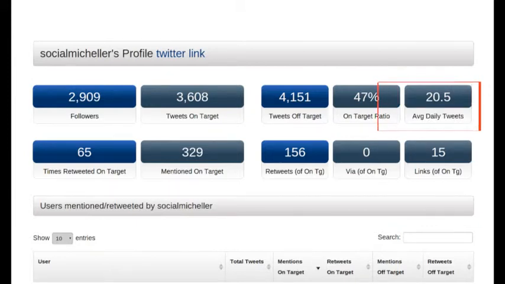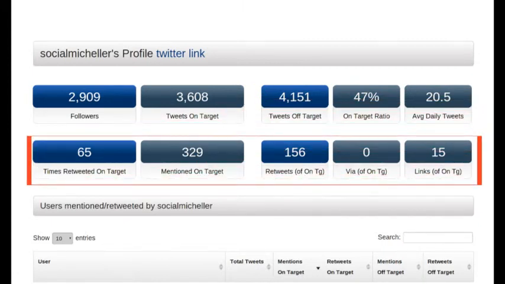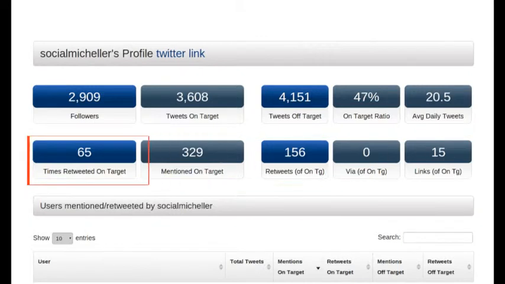Then we can move to some interesting numbers about this influencer's engagement with this hashtag. First of all, we could wonder about the reactions to Michelle's activity about this hashtag. In aggregate, we can see that her tweets on target were retweeted 65 times. She was also mentioned 329 times by other users using this hashtag.